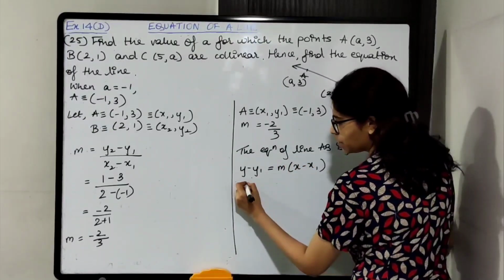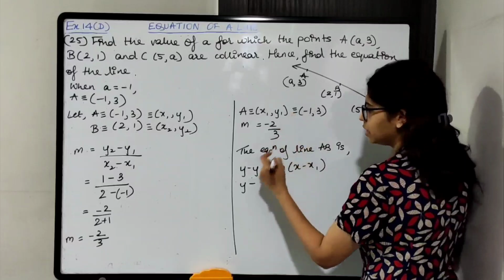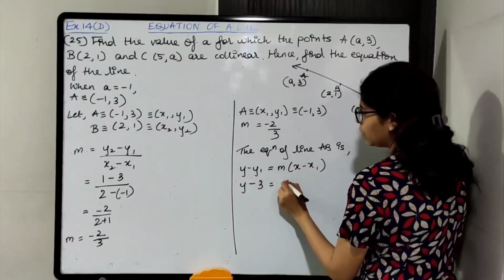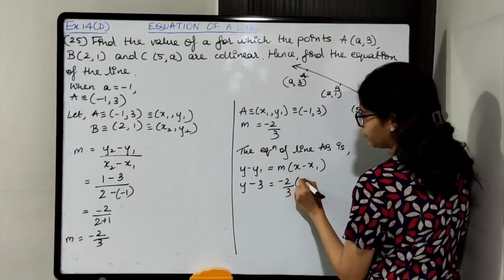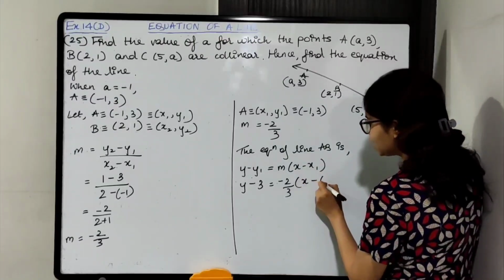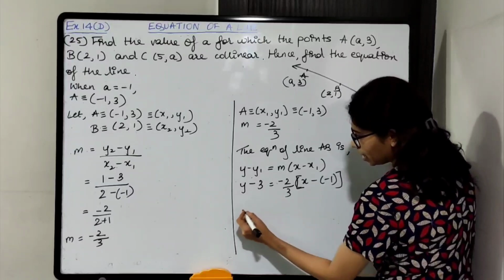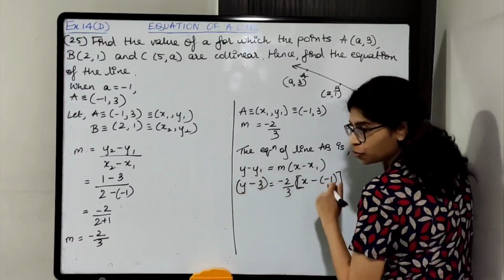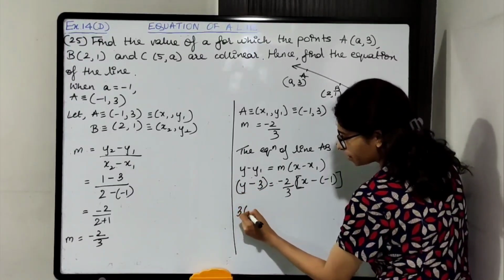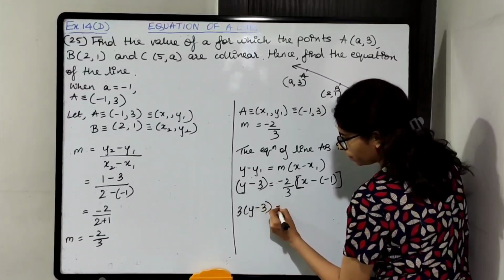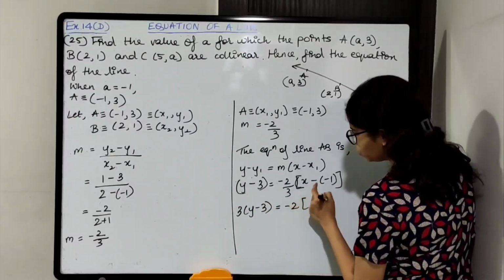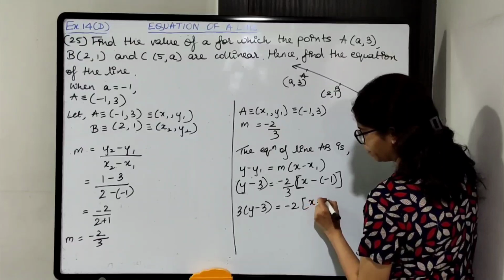Put the values. y1 is 3, m is minus 2 upon 3, x1 is minus 1. So put square brackets outside. Put brackets here also because we'll shift 3 over here. So multiplying, minus 2 into minus becomes plus.